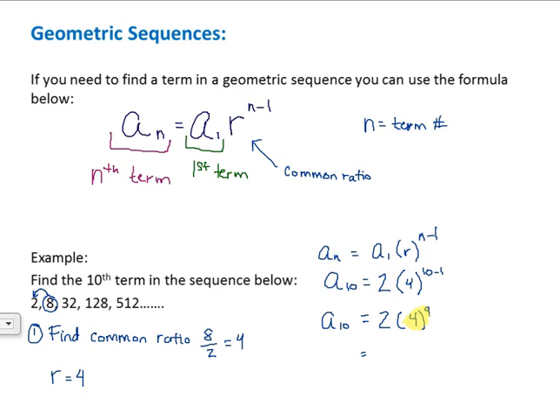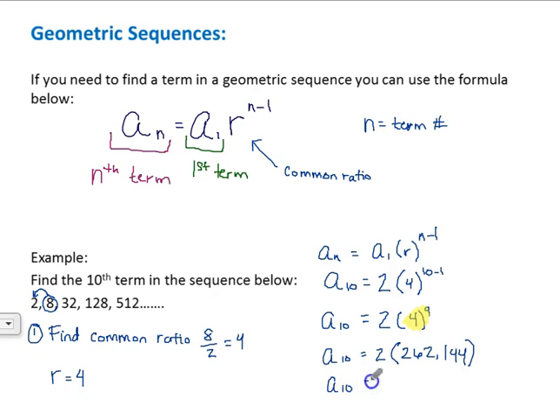So I'm just going to plug that into the calculator. 4 to the 9th power gives me a pretty large number: 262,144. Then we're going to take that number and multiply it by 2. This is going to give us our 10th term.